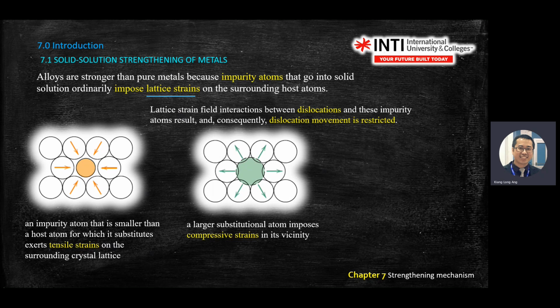So here the atoms are pulled from the side toward the center. So it's tensile. But if you have a bigger atom, you squeeze, meaning you compress the surrounding. So you have two: one is tensile strain, one is compressive strain. It depends on the size of the atom.